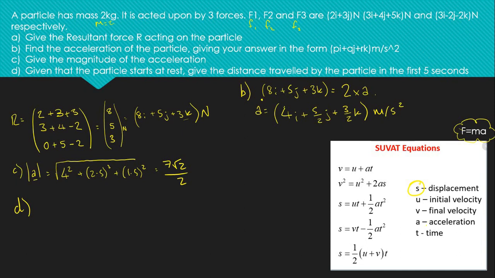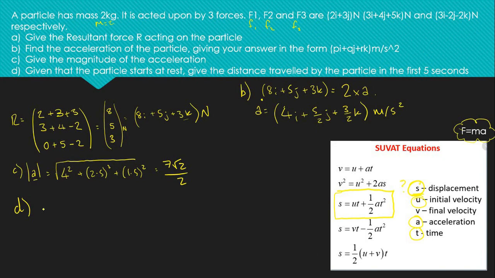We know the acceleration and we know the time. We're going to be trying to find this out. We know this, we know this, we also know this. So this is the one we want to find. So we want to find a formula that's got u, a and t all on the right hand side with s on the left, which happens to be this one here that we're interested in.